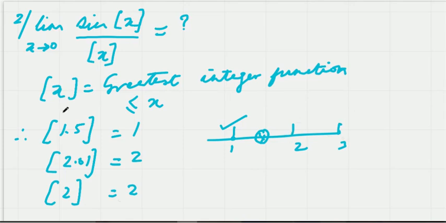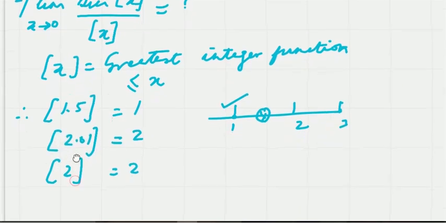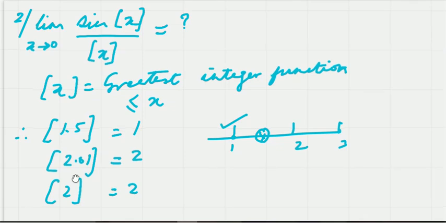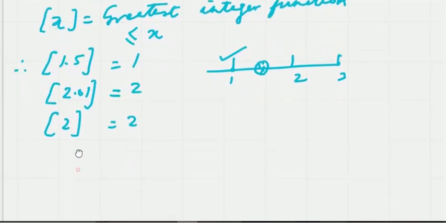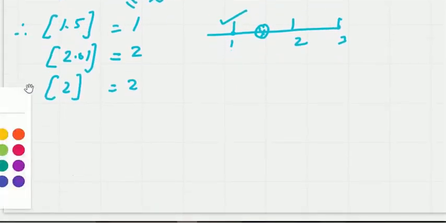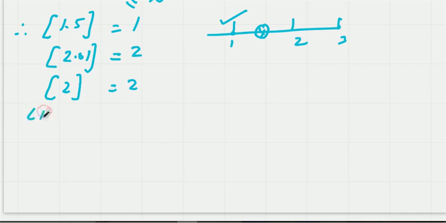Now in this problem we have to determine limit sin of [x] upon x, where [x] is the greatest integer function. Right? So how do we go about it? Now we know that for a limit to exist, the LHL, the left hand limit, should be equal to the right hand limit.